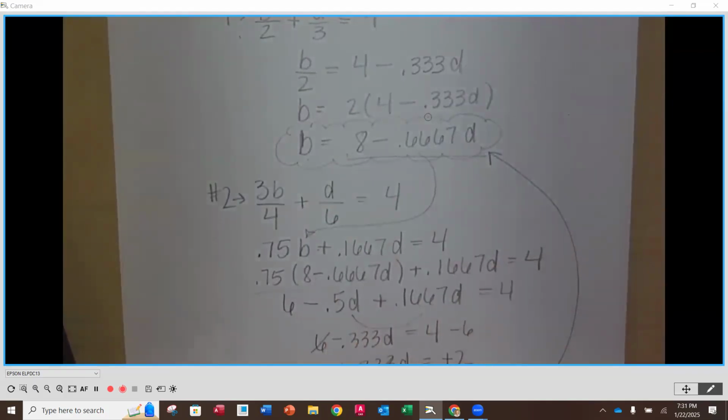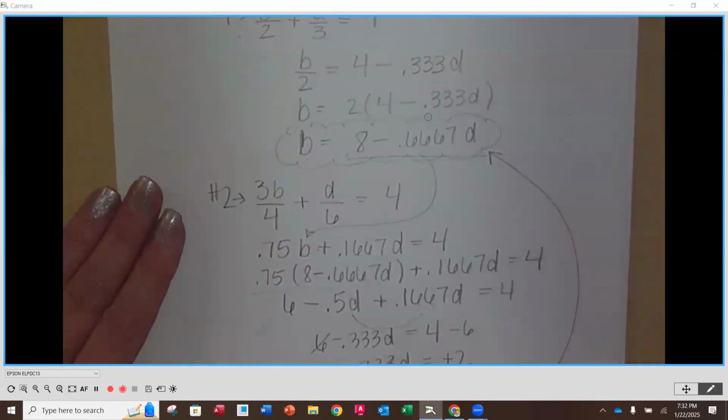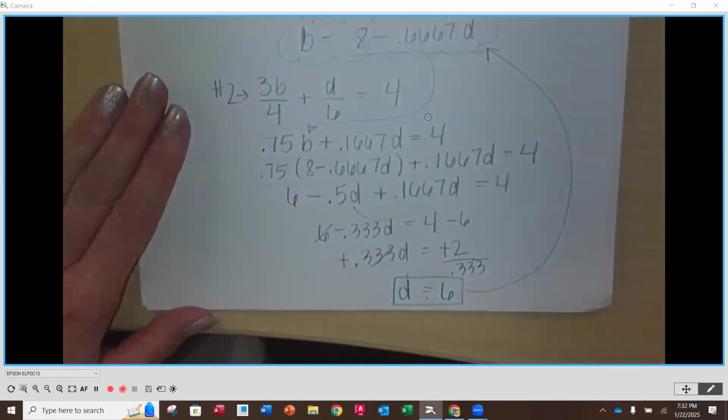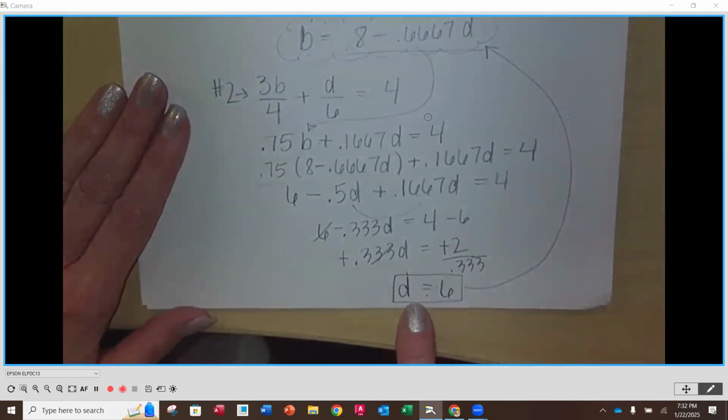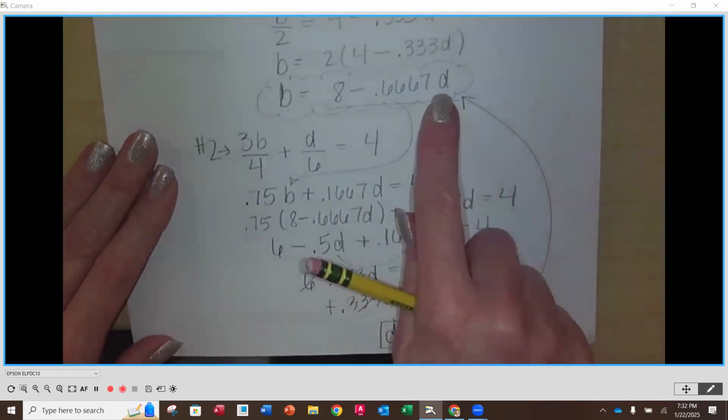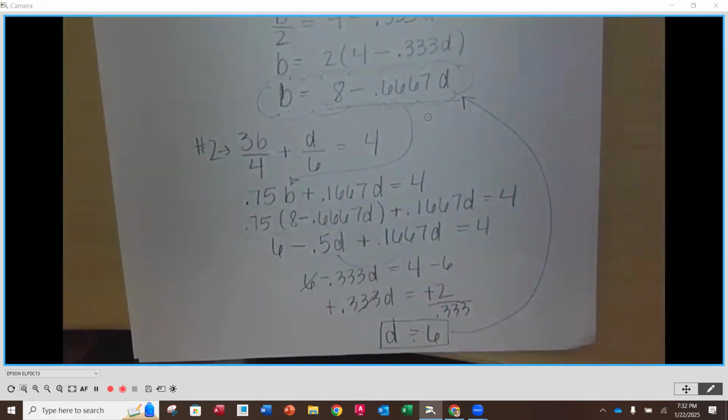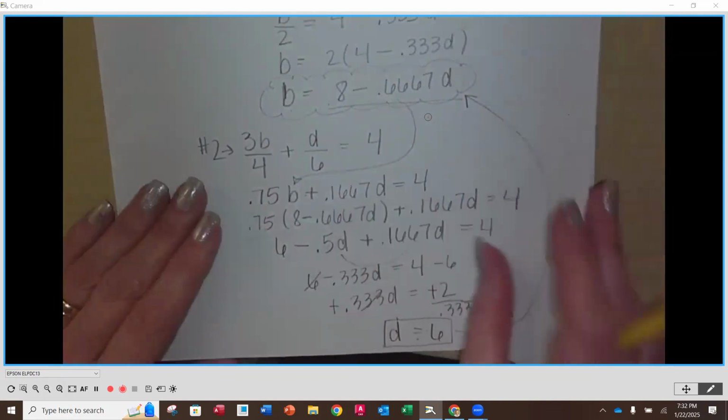And then again, depending on what you feel comfortable with, if you want to hold the fractions or if you want to do the decimals, just make sure you hold a couple places in the decimals, don't round too much. And then you can solve for the variable and then take that variable and substitute it back up here. So really using the algebra substitution method to solve for each one.